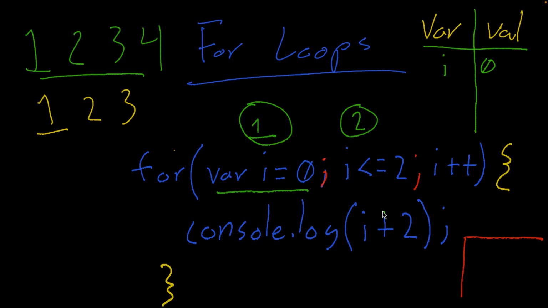So if this is true, then we enter. Console log I plus 2. I is 0. 0 plus 2 is 2. So we console log this. We've done this step, one last one. So we increase. Let's increase. I plus plus. So now we have a new value for I.